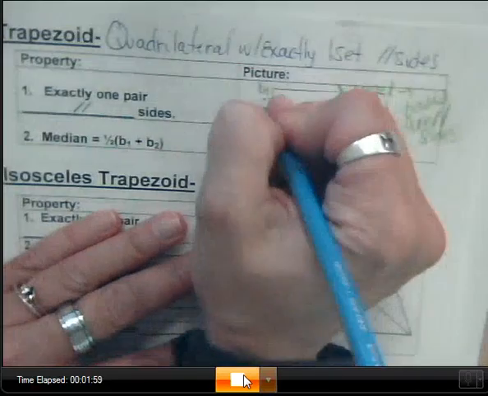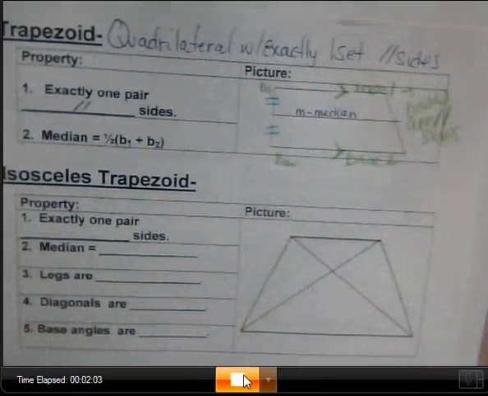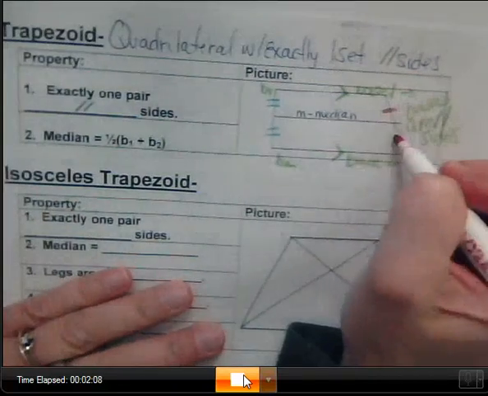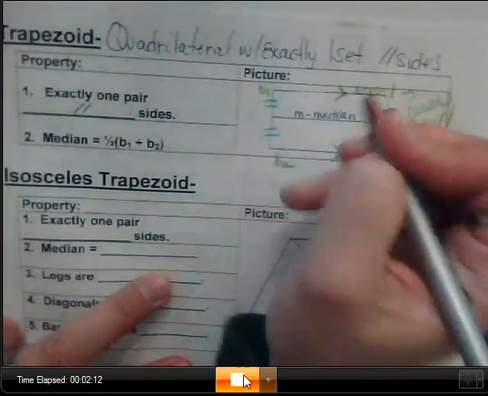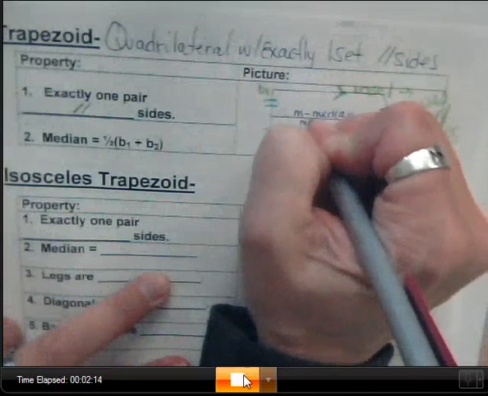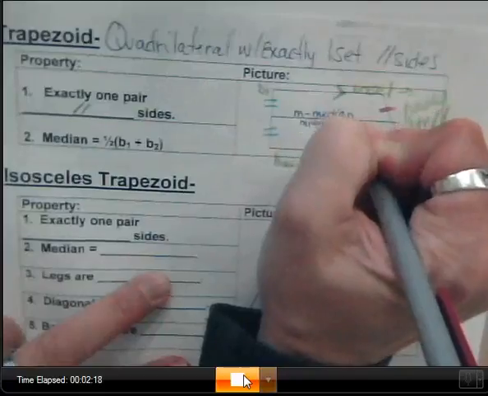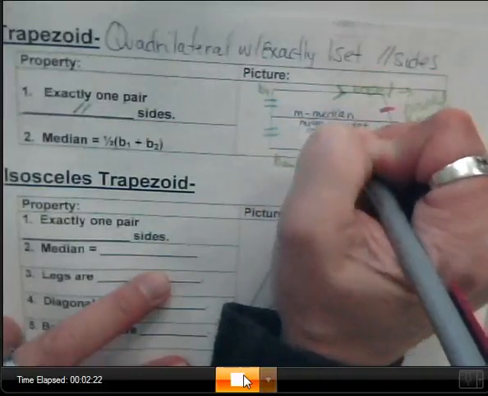So we would know that this is congruent to this, and this is congruent to that. So the median is going to be midpoint to midpoint on the non-parallel sides.